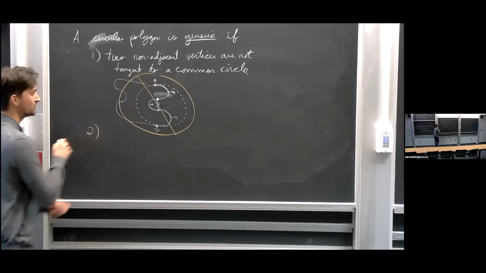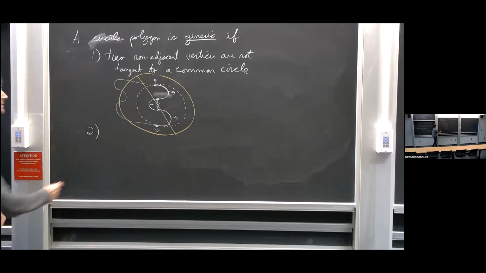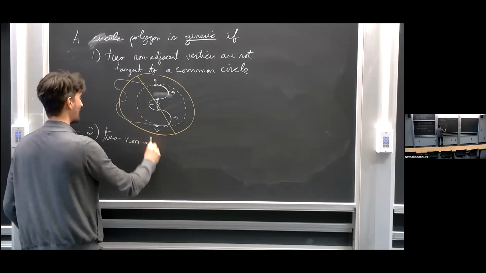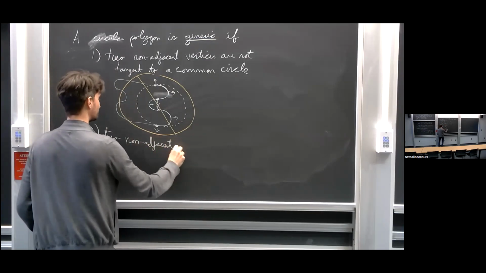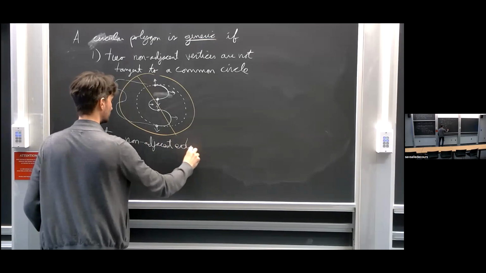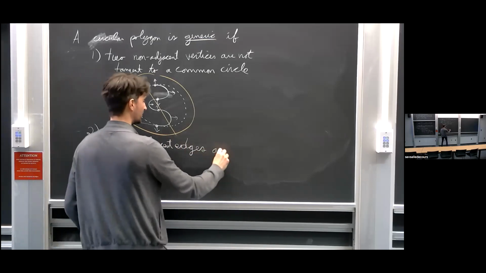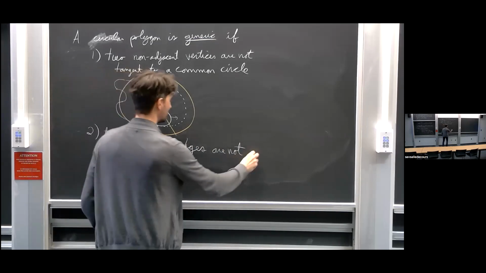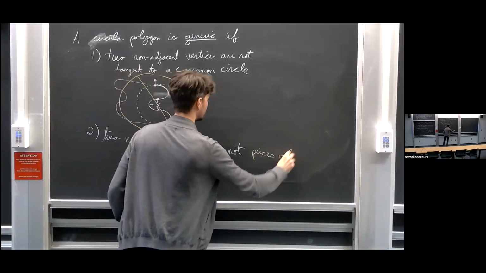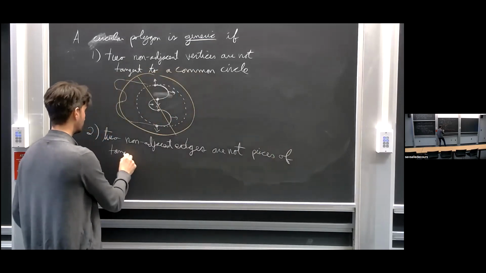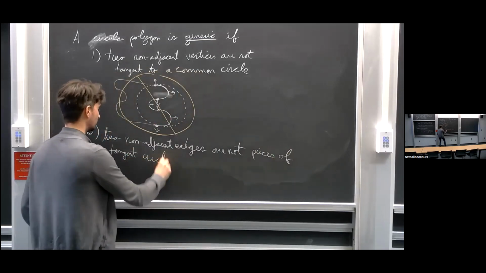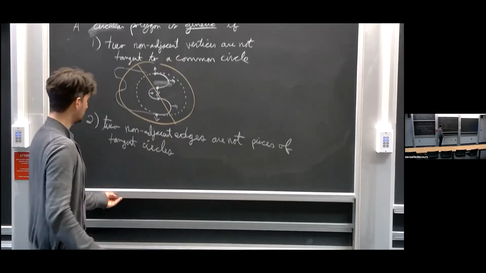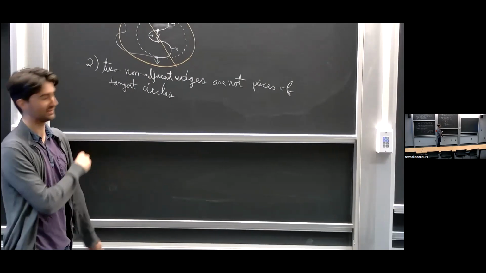And then second is the dual statement of this. So two non-adjacent edges are not pieces of tangent circles. How would I do something which violates this one?